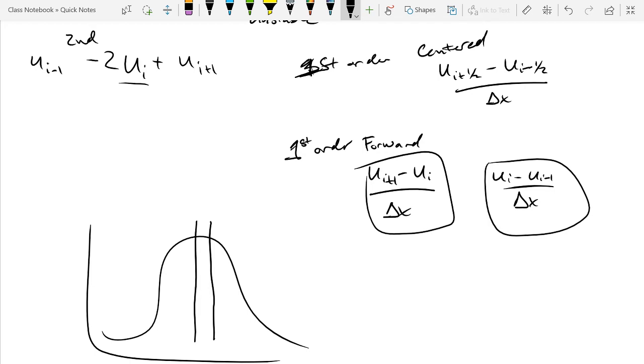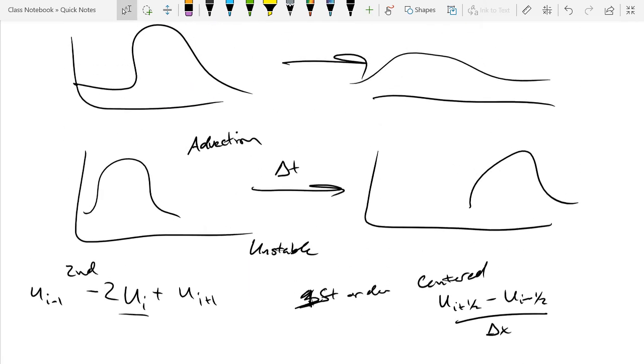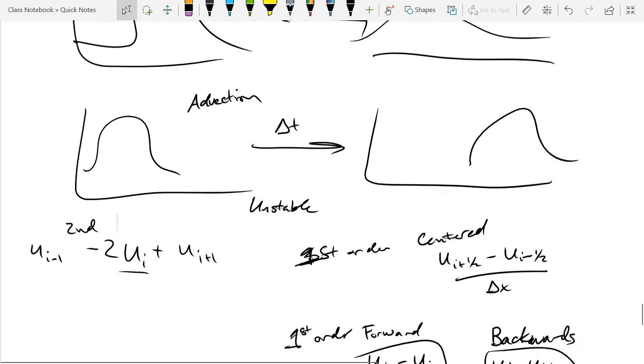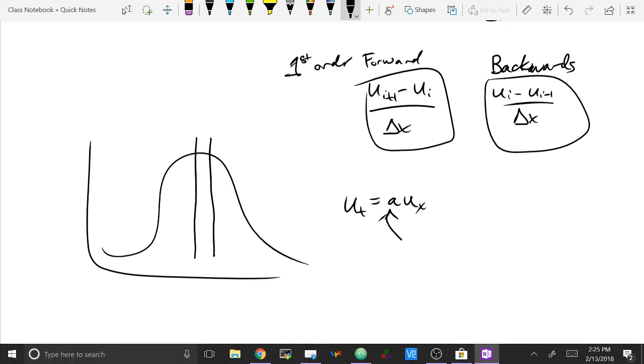Now the question is, which one do you use, the forward or the backwards? That depends on whether you're moving forwards or backwards. If you look at the equation u sub t equals a u sub x, whether you're moving forwards or backwards is this coefficient a in front of the u sub x. So that's when you look at this upwinding scheme.